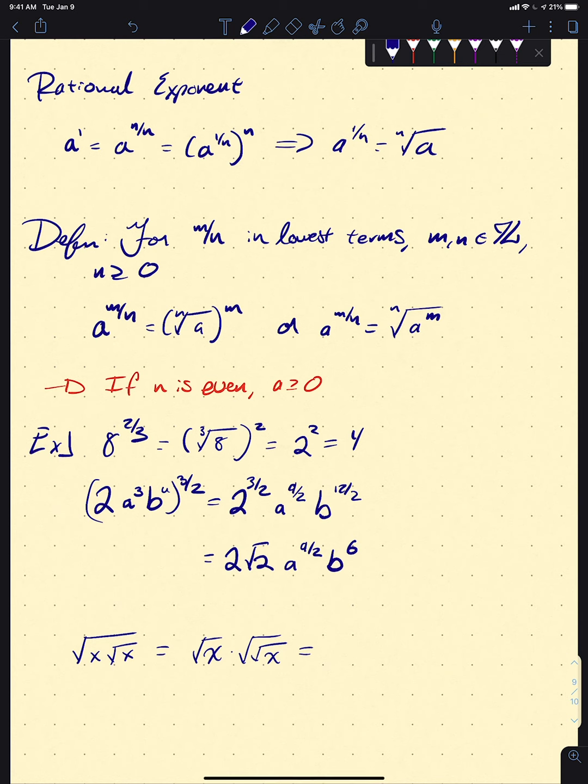If we write these as fractional exponents, that's x to the 1/2 times x to the 1/4, right? Because remember, when we take the double square root, this is the same as the 4th root of x. But now we have the same base and we're multiplying, so we need to add our exponents. So that's x to the 1/2 plus 1/4, so x to the 3/4.